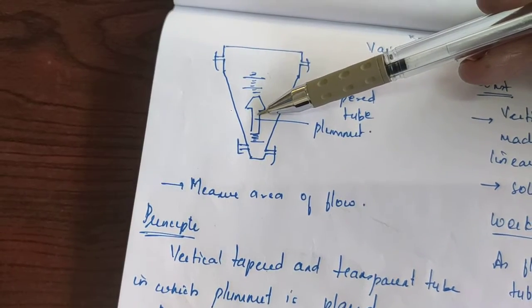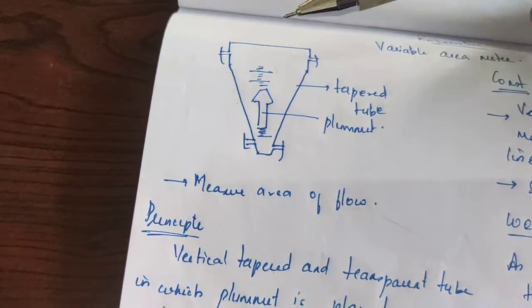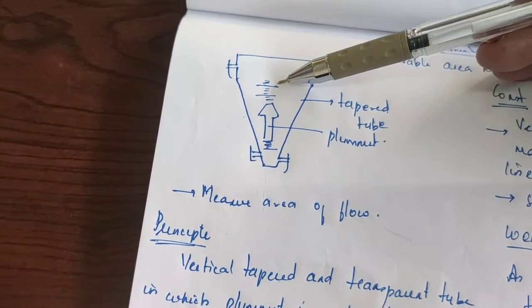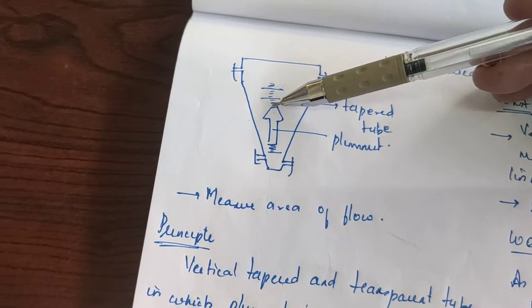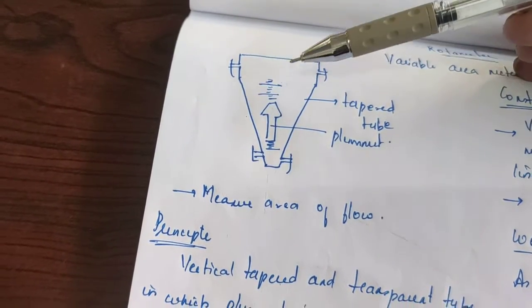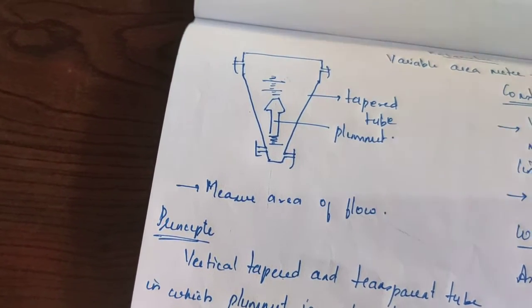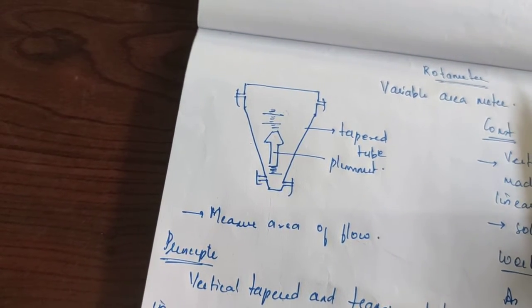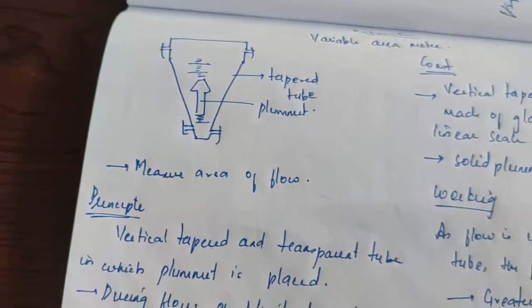A solid plummet of low weight is placed inside the rotameter, and when a fluid is passed through this, the plummet rises to a particular height, and the area traveled by the fluid is measured by taking down the readings on the scale present here, and by calibrating it, you will be getting the area traveled by the flow of fluid. Okay, so this is a basic equipment that is called as rotameter, also called as variable area meter.